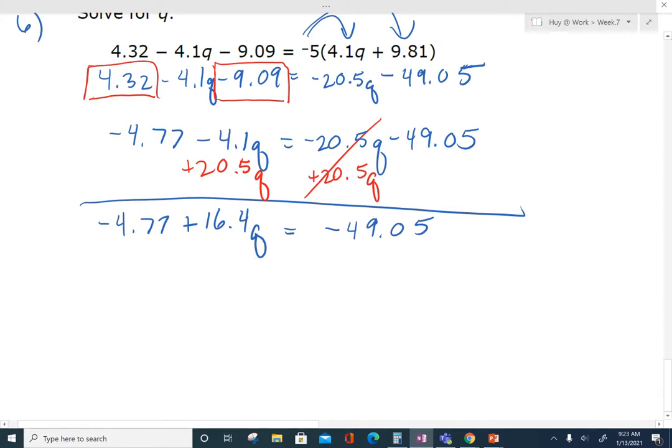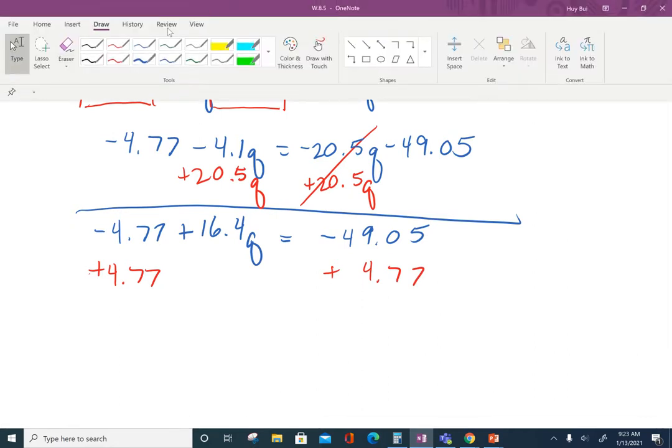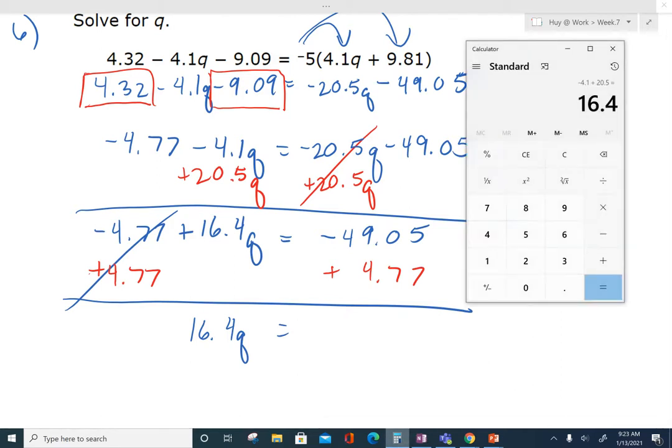So that means the constant over here, move it. But let me change the color of that so you see exactly steps that get moved. So 4.77 plus 4.77. So now that cancels out on the left side. So we have positive 16.4q equals negative 49.05. Whoops, type it correctly.